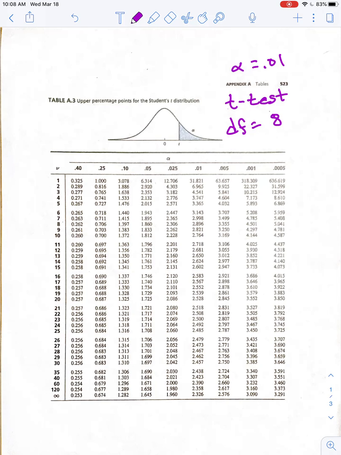So we find 0.01, which is right here. Degrees of freedom is 8, which is right here. And then we find the intersection, 2.896. I think that is correct. That would be the critical value you would use for this t-test.